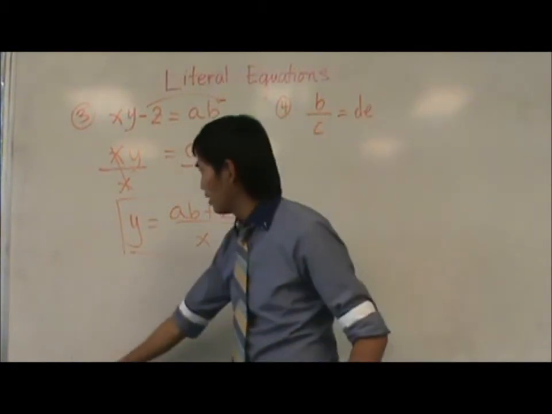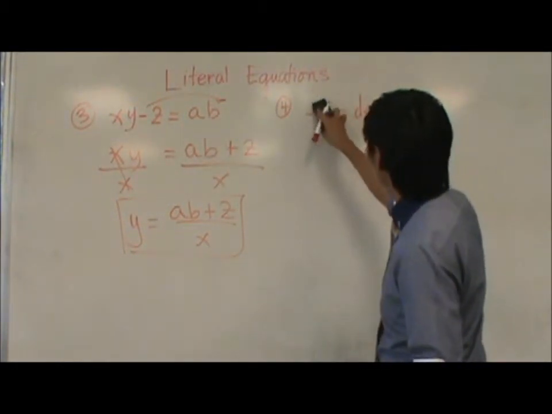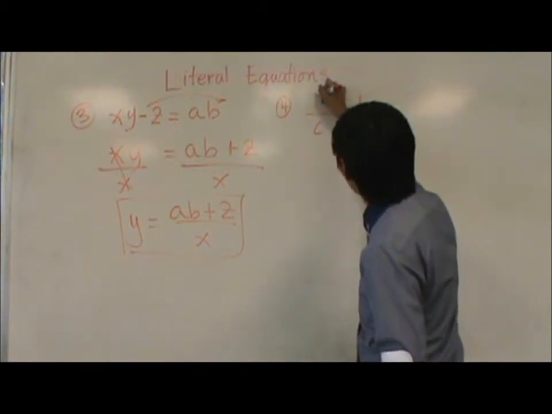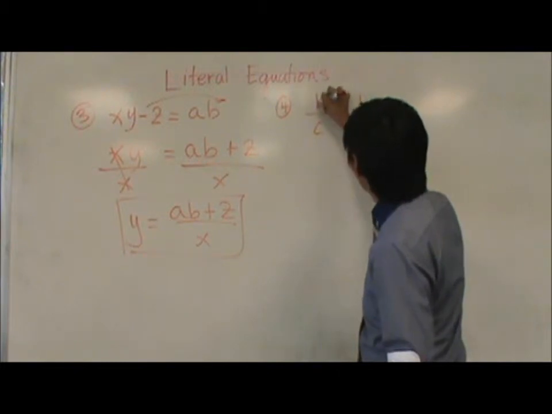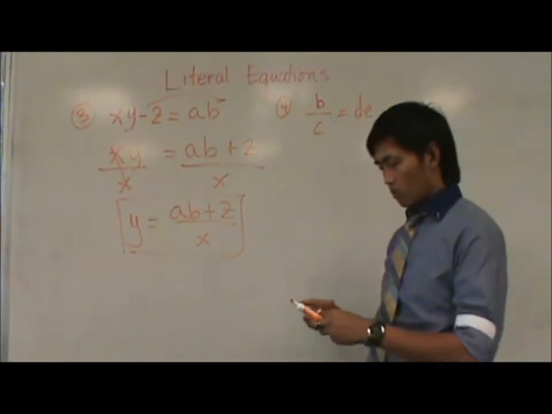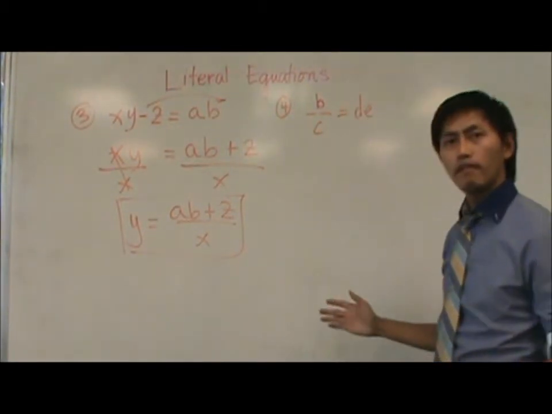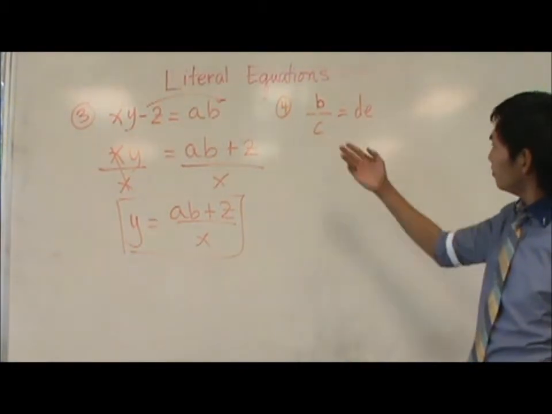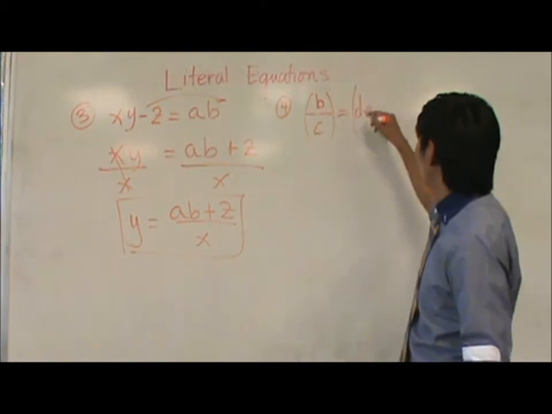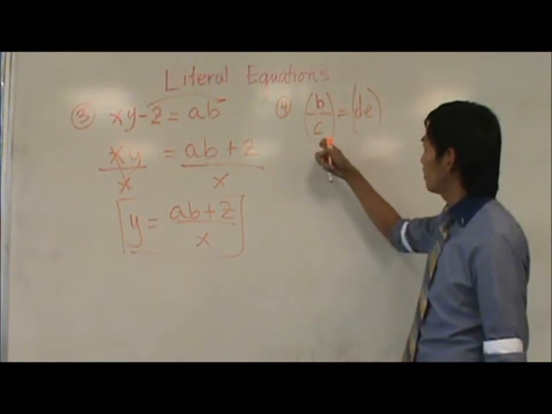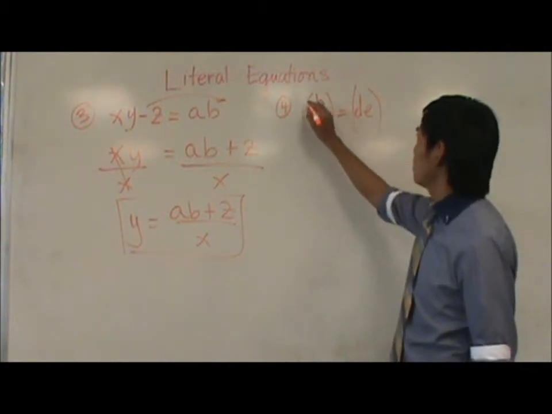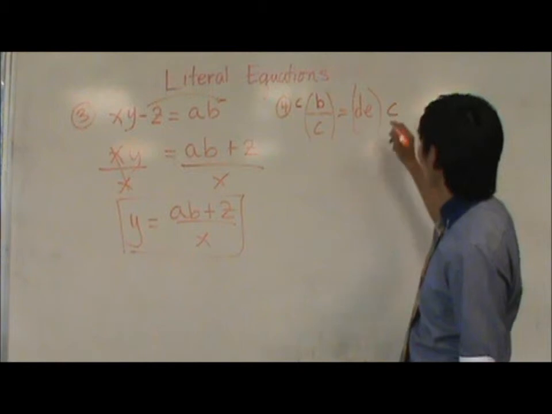This time, let's say we are solving for B. Before, we all agreed that we all hate fractions. So if you hate fractions, we have to get rid of that denominator C. For you to get rid of that C, you have to multiply both sides by C.